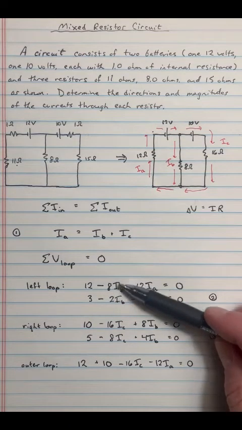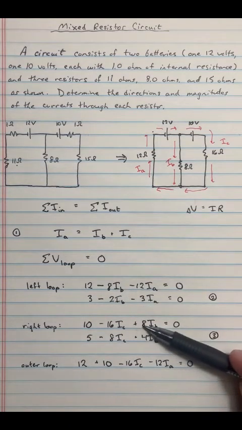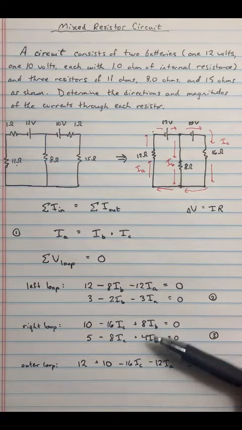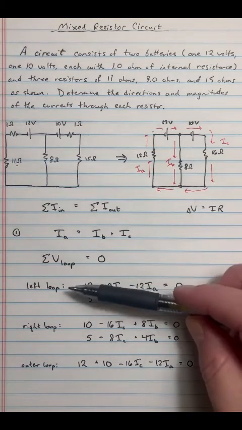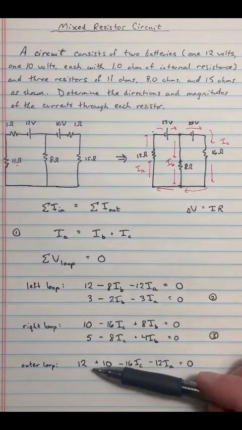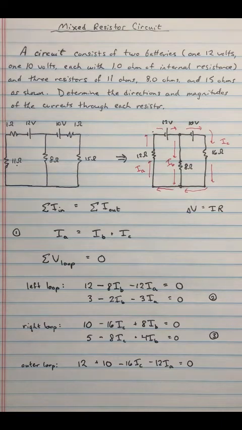A negative 8 IB plus 8 IB, which cancels. In other words, combining the left loop and the right loop gets you this equation here. That's not helpful. It doesn't change anything. It doesn't add anything to our knowledge. So this is not, in other words, an independent equation. It's a dependent equation. And therefore, we don't have to use it.